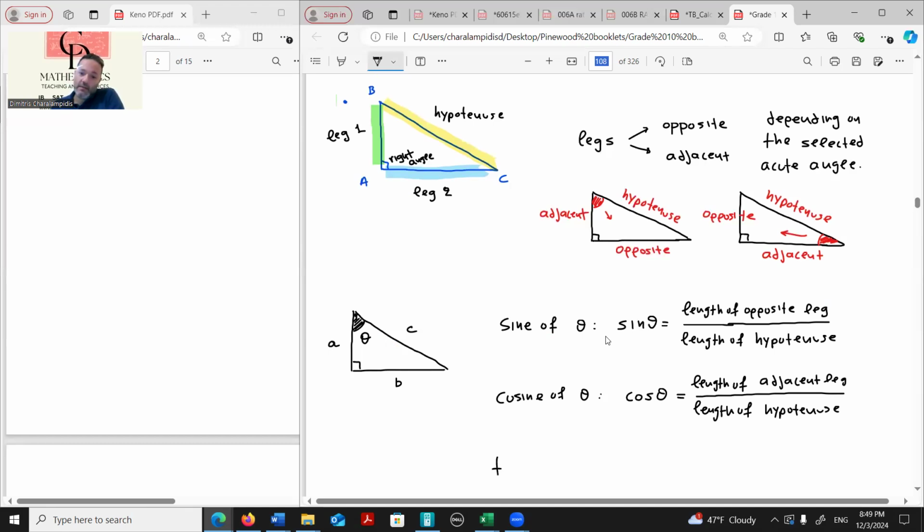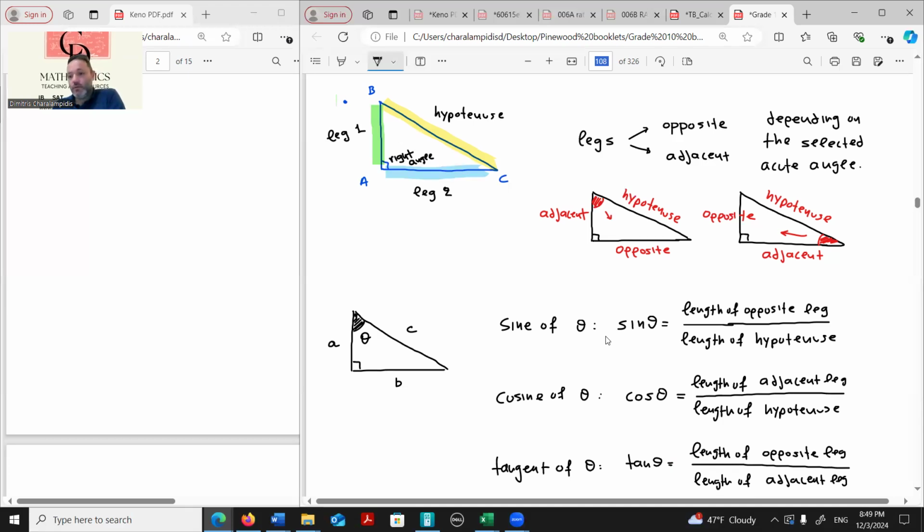The tangent of angle theta, which is also notated by tan of theta, is the length of opposite leg over the length of adjacent leg.